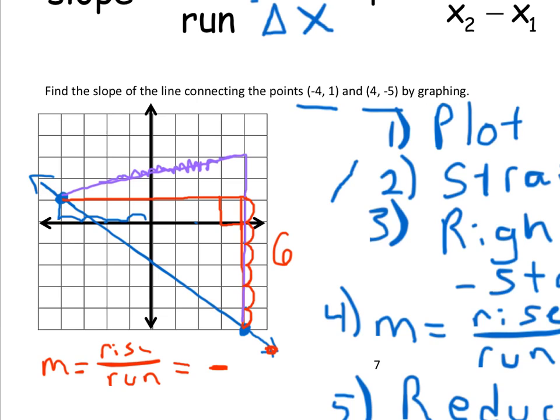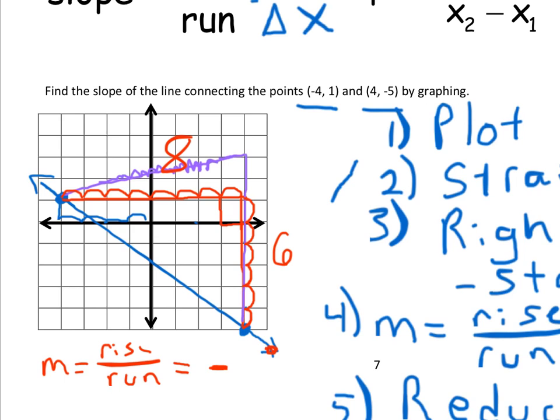I rose up 6 spaces. How much did I run? Left and right. Well, I did 1, 2, 3, 4, 5, 6, 7. Now, do you keep going? Absolutely you do, because you're not to your point. So finally it is 8. So my run was 8.